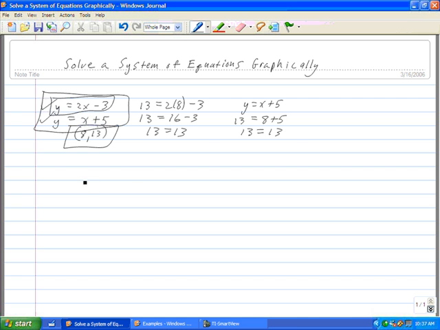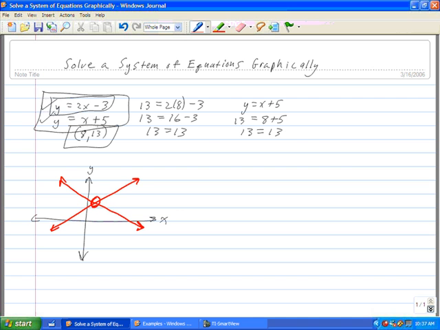Well, since we are dealing with linear equations here, what we need to think about are the different things that can happen with two linear equations. Say this is our x and y axis. Let's look at some possibilities. Let's say that the two lines came down and struck each other at some point in the Cartesian plane.